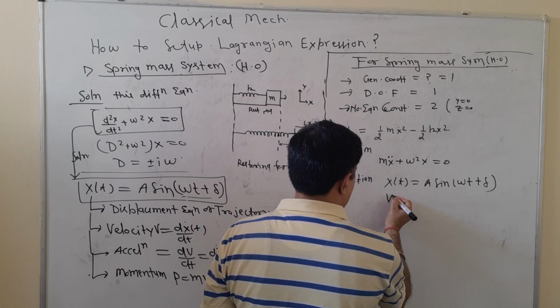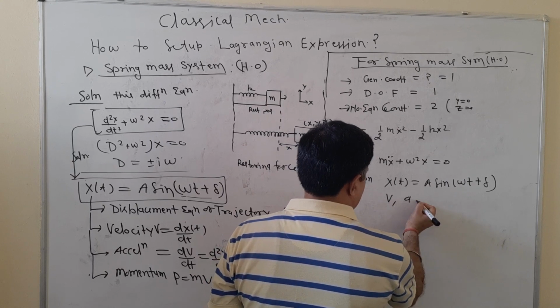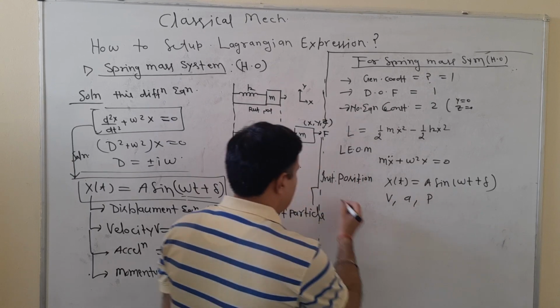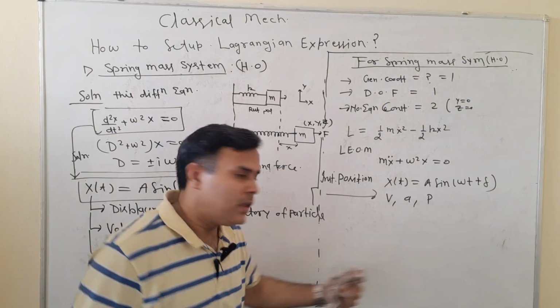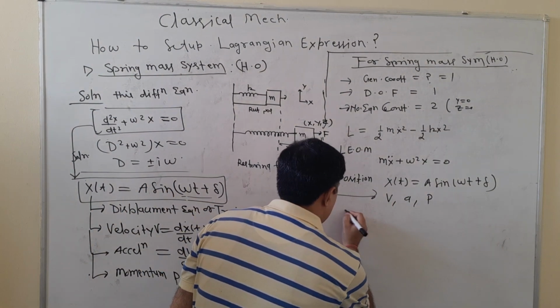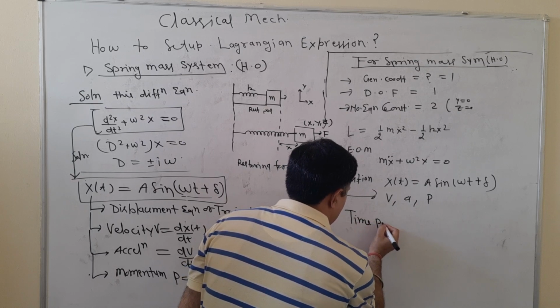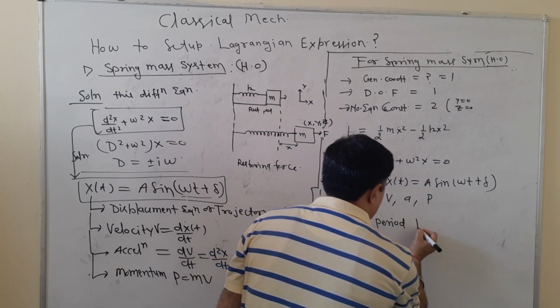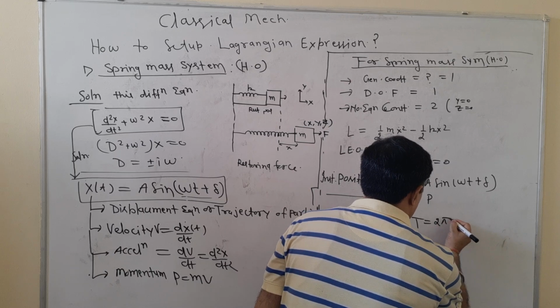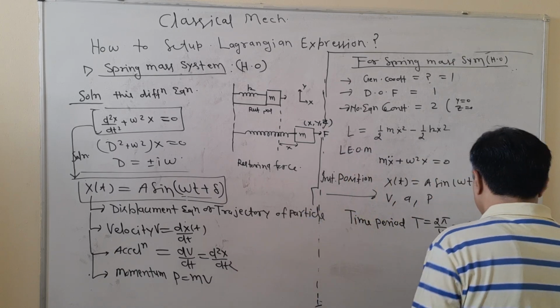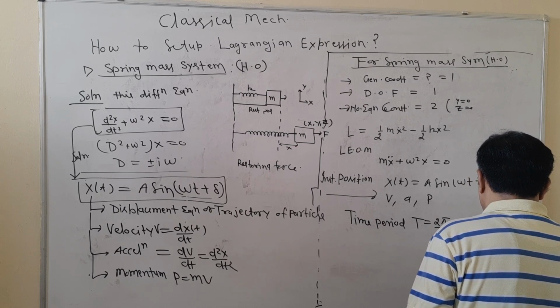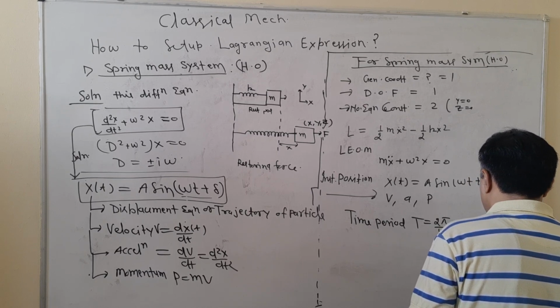Velocity, acceleration and momentum we can find out. We can also find the frequency or time period. Time period T equals 2 pi by omega, which is 2 pi root of m by k.